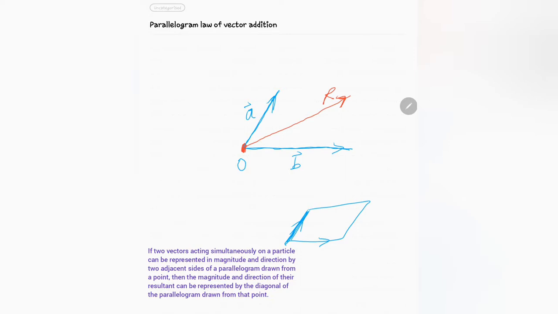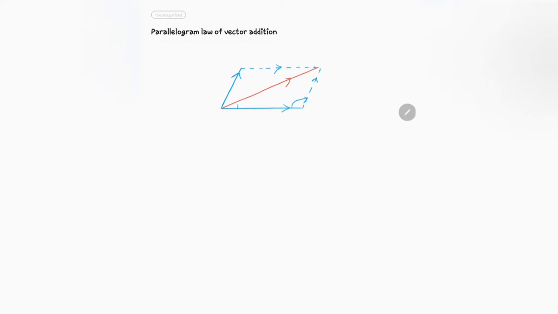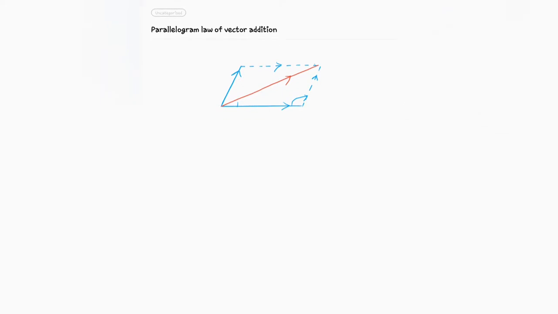Let's talk about how we can apply this to solve problems. Assuming you have two vectors acting on a particle at point O, and the particle in question is at point O. Let's say the two vectors are vector A and vector B, and the angle between them is theta.